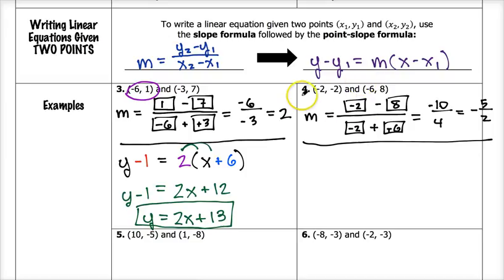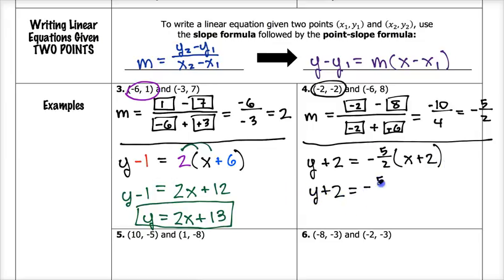We'll choose one of our points here. I'll just choose -2, -2, and use point slope form. So this would become y plus 2 equals -5/2 times the quantity x plus 2. Distribute, I get y plus 2 equals -5/2 x minus 5. And then when I subtract 2 from both sides, I get y equals -5/2 x minus 7.